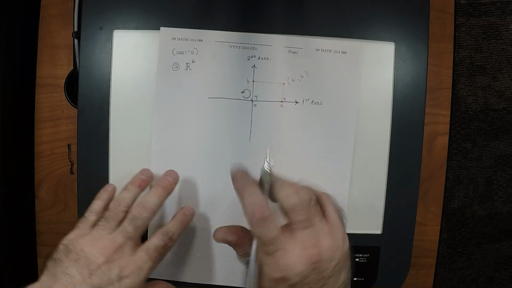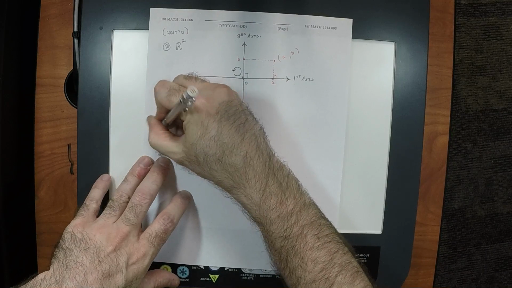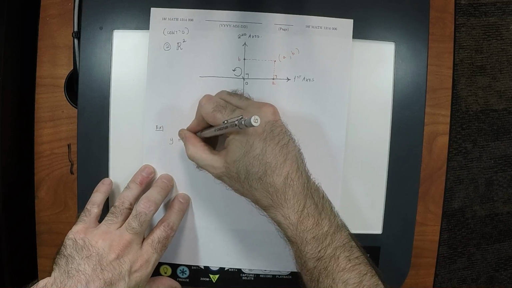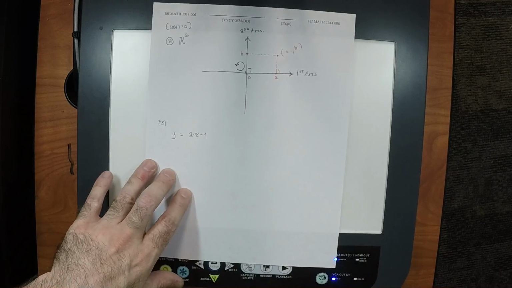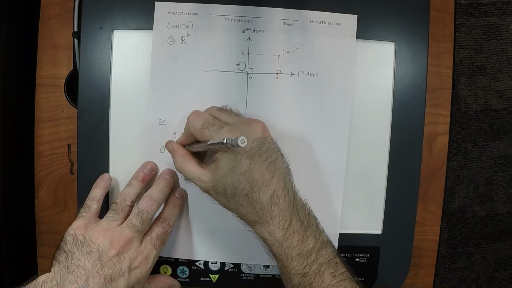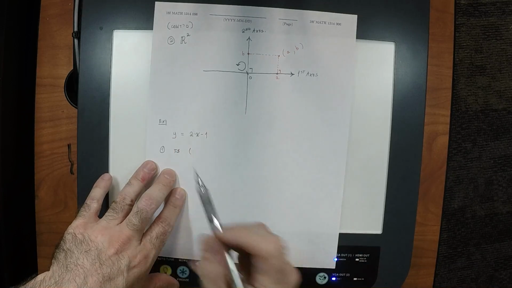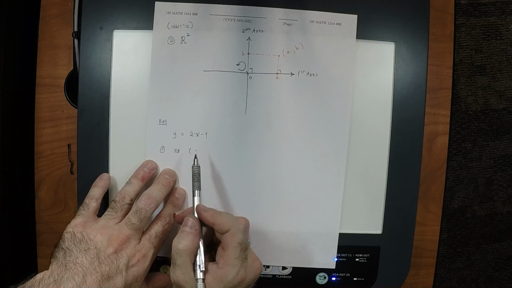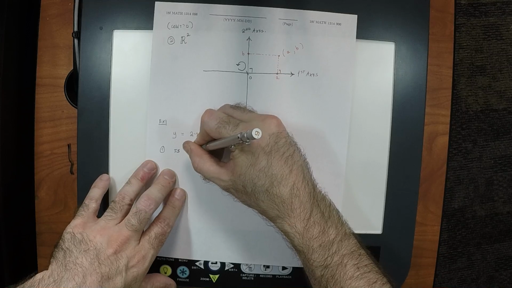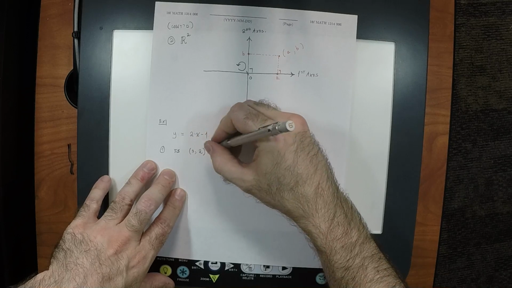Next, I have a question. Suppose that we have this equation that has two variables in it. And then I could ask, and this is again with the convention that x represents the first variable and y the second variable, is the point 3, 2 part of this?